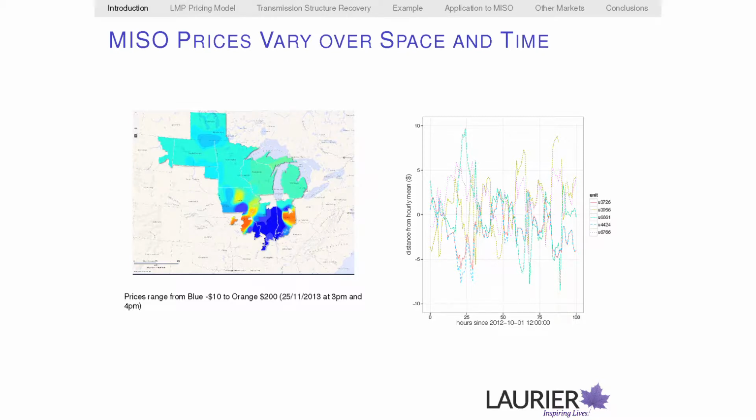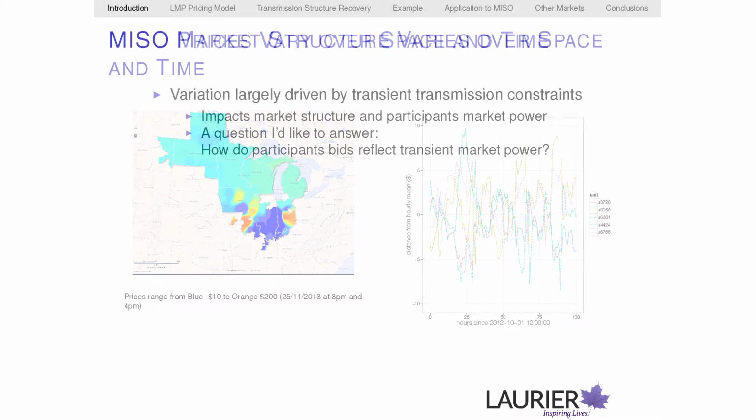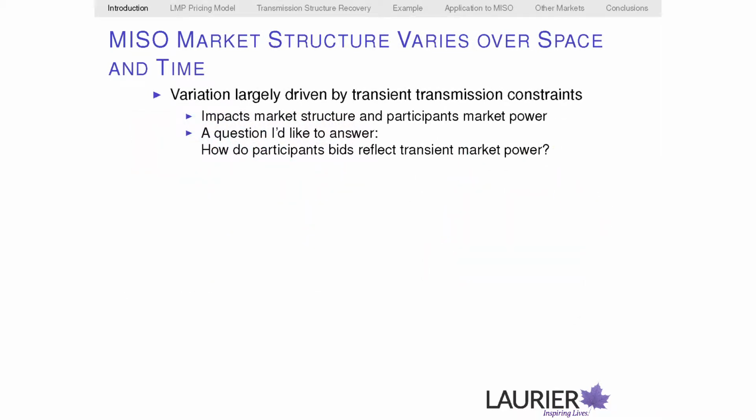Part of this is due to bids, but we believe a lot of it is due to transient transmission constraints that become active. So these transmission constraints, as they become active, affect the structure of the market. So we believe they also affect market power in ways which may affect how participants behave.